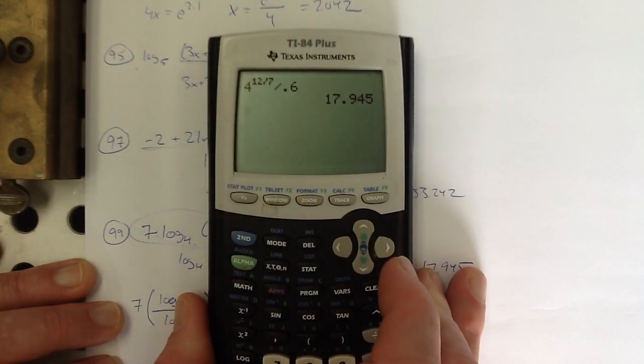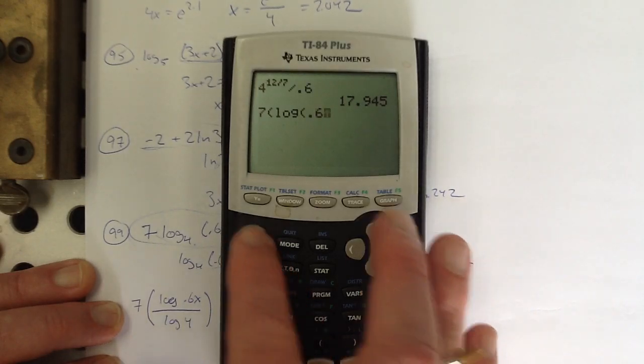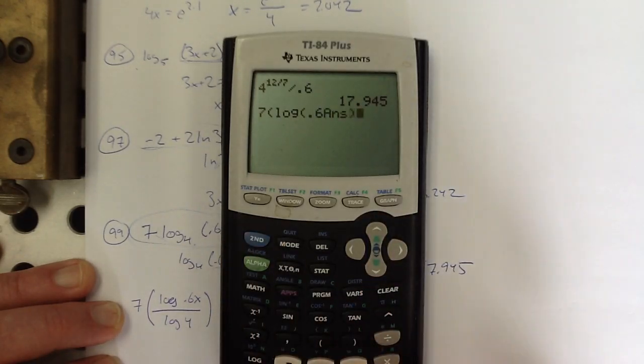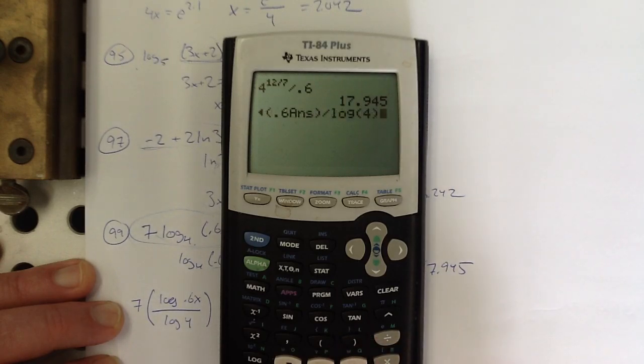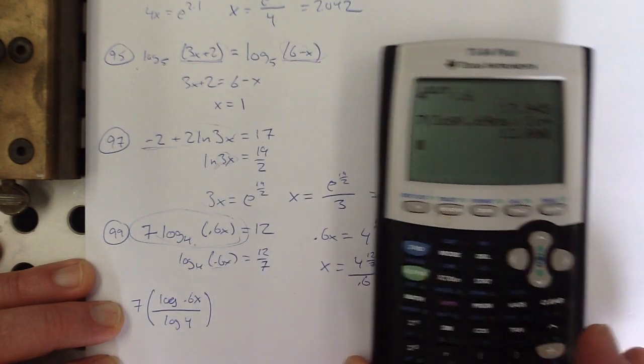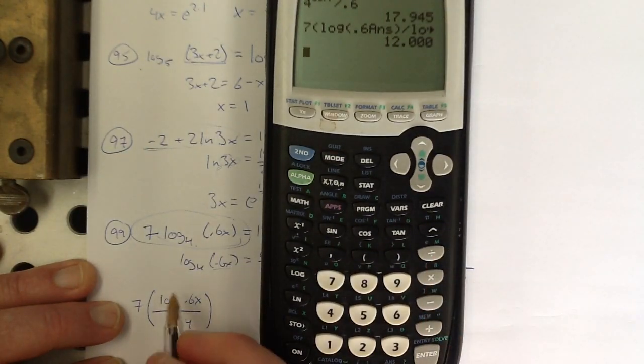So let's try. 7 times log of 0.6 times our answer over log of 4 should give us 12. And just to show you that it would have worked with natural log, you want to use natural log instead?